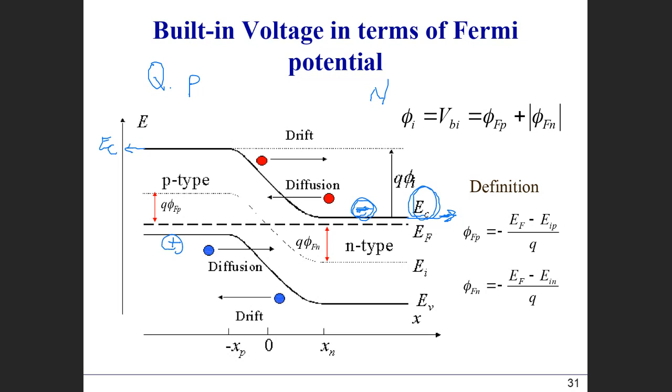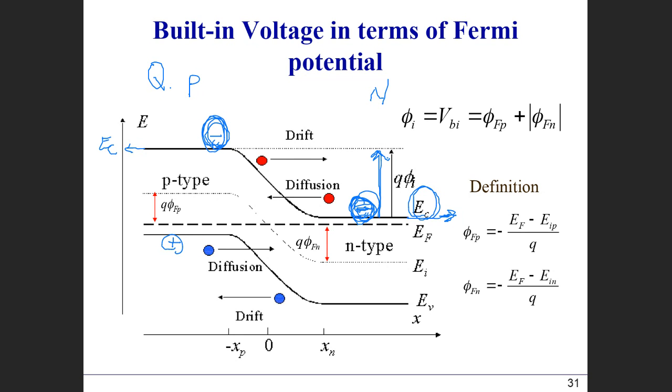In other words, as I explained before, if you have an electron in here, when the electron gets the energy, it moves in here, right? So if we just look at the electron here, the electron which is in the P side is going to have this amount of energy. Okay? So that we have to understand here.